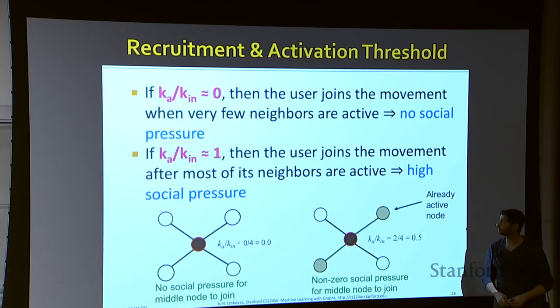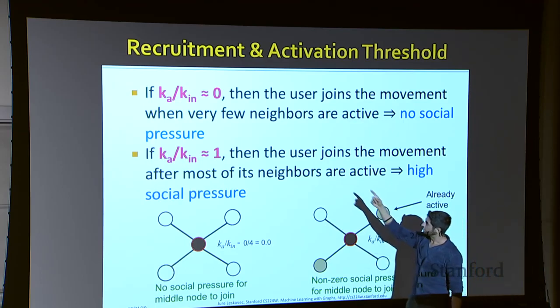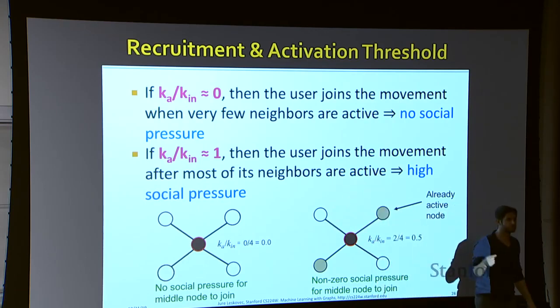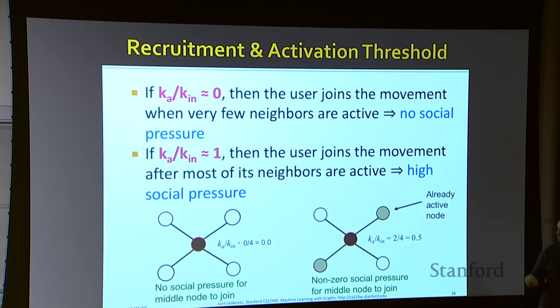Okay, now let's go and see the different recruitment strategies that they had. So this is basically putting in numbers what I already explained to you. So if the ratio is close to 0, then our user will join the movement when very few neighbors are active, no social pressure in that case. And you can think that if that ratio is exactly equal to 0, then that person is one of our patient 0 in the case of the epidemic, or in the case of the protest is the person who started the movement.